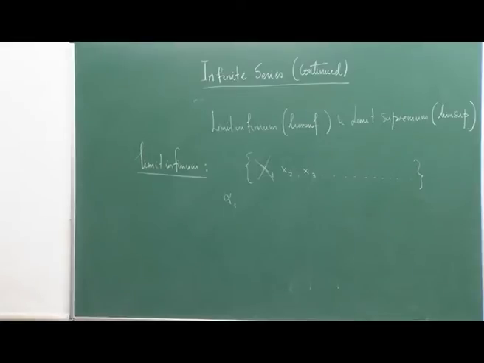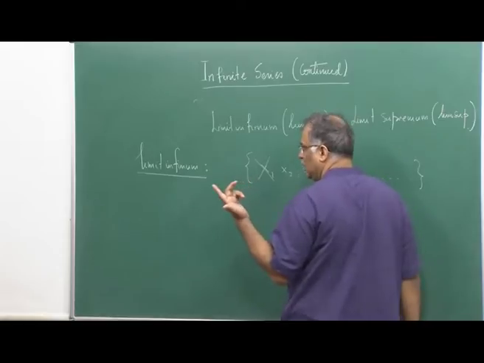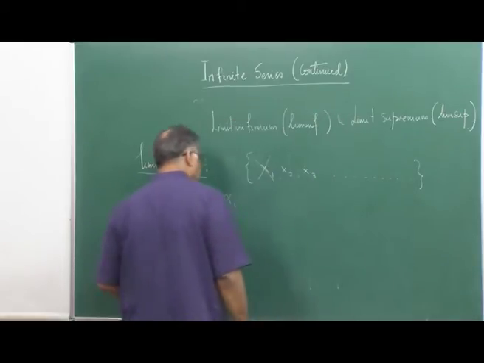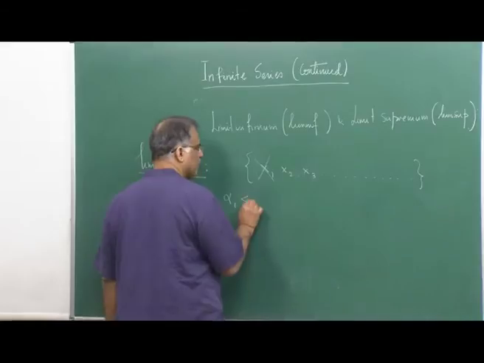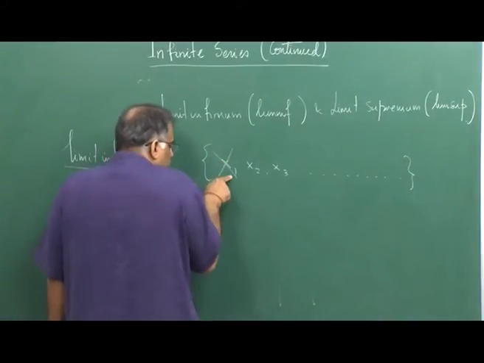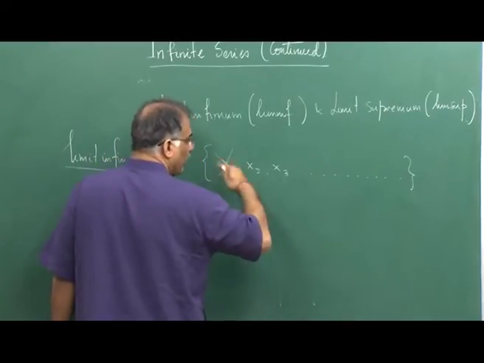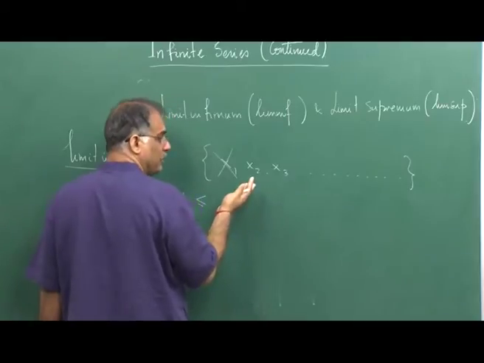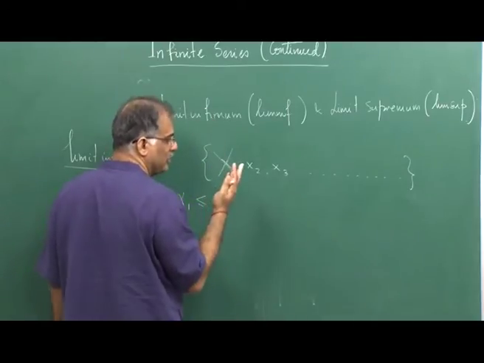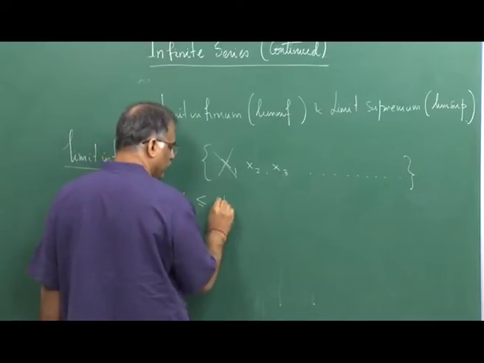If I want to find the infimum over that, one element has been thrown out which could have been the infimum. So, the infimum could either remain the same or increase. For example, if x1 was the infimum, alpha 1 was x1, then among x2, x3 somebody should now become the infimum because x1 is no longer there. In that case it will be strictly bigger than alpha 1. So, it is alpha 2.